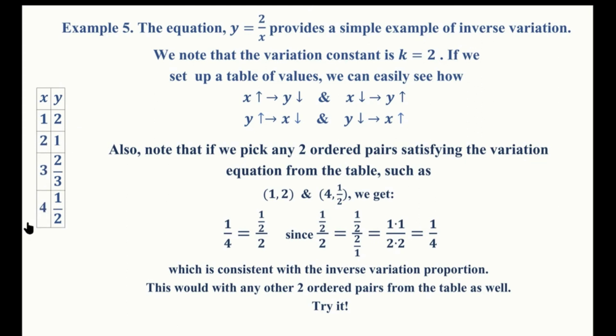You can also look at it this way. What if x values decrease? Then the y values increase. Also, if you pick any two pairs of points, like I picked the first and the last one, (1, 2) and (4, 1/2), notice the ratio 1 to 4.